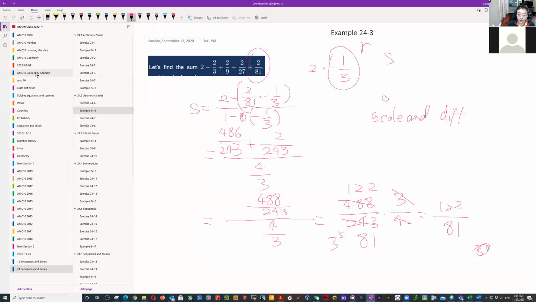The formula is S equals A minus A R to the nth, divided by 1 minus R. Basically, this is just equal to the tail term multiplied by R, because the tail term is already given, so you don't have to calculate from scratch for this term. That's the trick. Otherwise, you will have to multiply 1, 2, 3, 4 times.